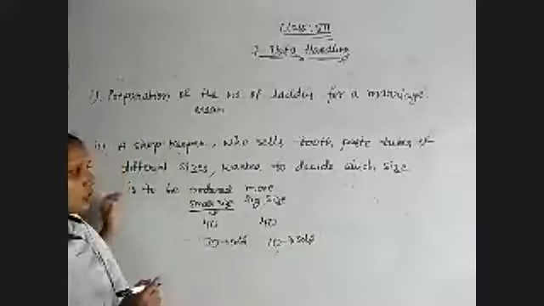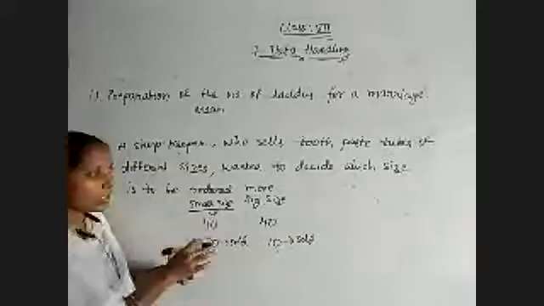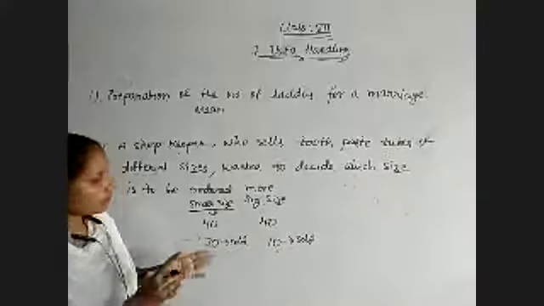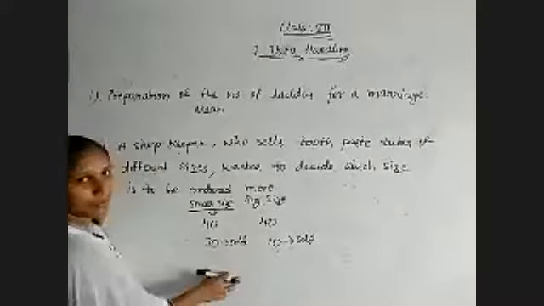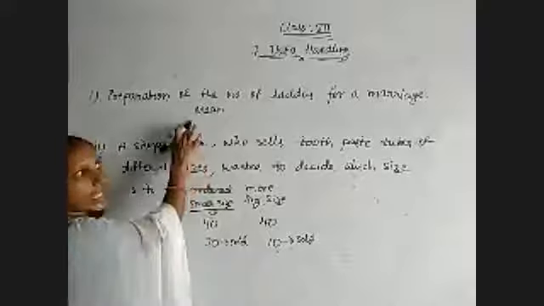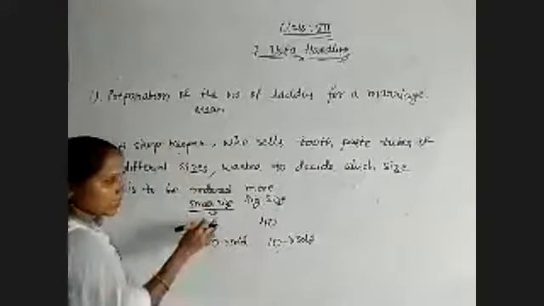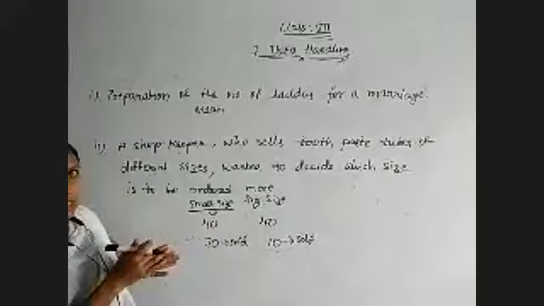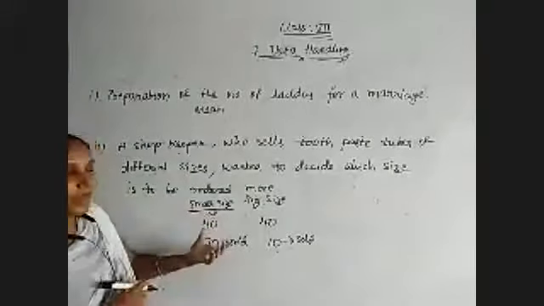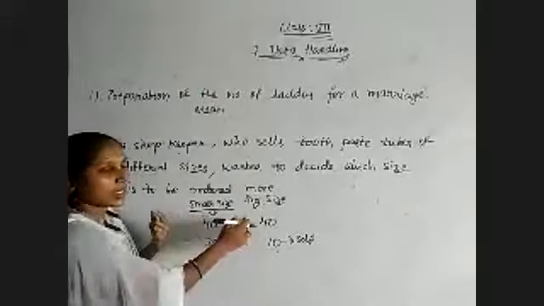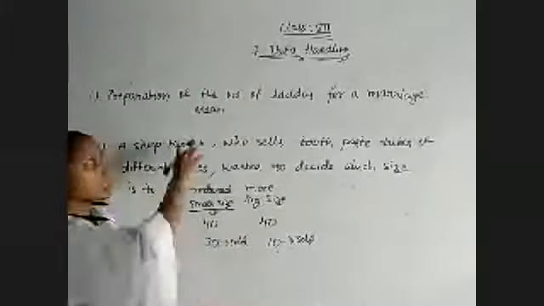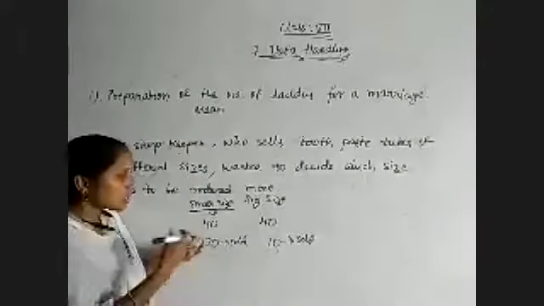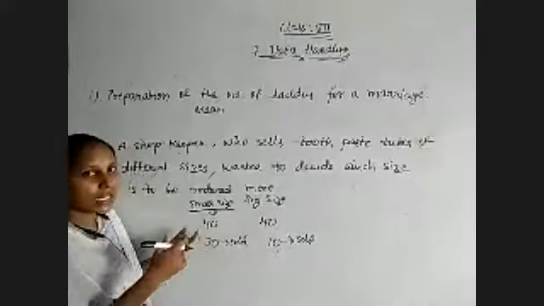Next time the shopkeeper will bring both in equal numbers? No. Why? Because if he brings both in the same number, while taking the mean we have to take both in the same number. That means the shopkeeper must bring an equal number of small and big tubes next time, but that is not necessary. So mean is not suitable in this condition. Here he needs to bring more of the tubes which were sold most.